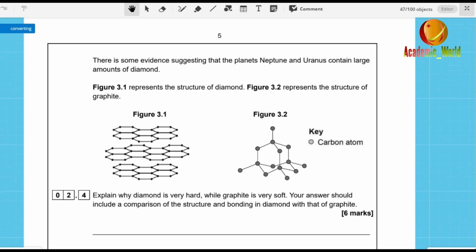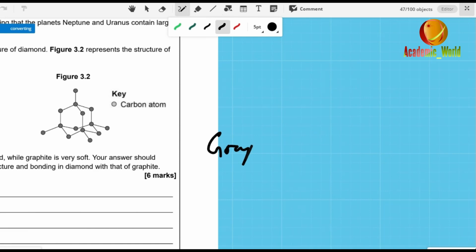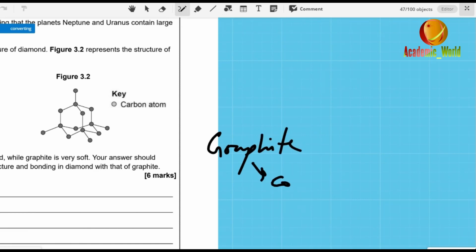Now the next question. There is some evidence suggesting that the planets Neptune and Uranus contain large amounts of diamond. So here you can see the structures of graphite and diamond represented. Explain why diamond is hard and why graphite is very soft. There is an alternate question about this, in case of graphite: why does graphite conduct electricity? That is a very important question.